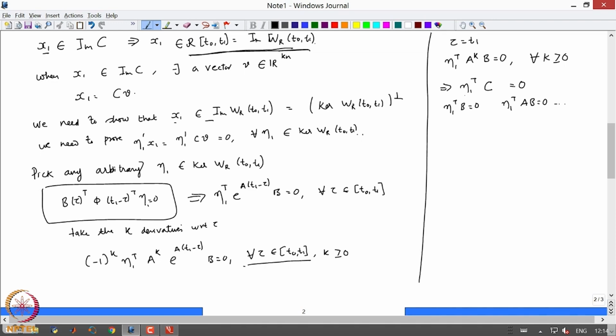So, when eta 1 transpose C equal to 0, this also means eta 1 transpose C times v is equal to 0. That is what we wanted to show here, and therefore, this completes the proof.